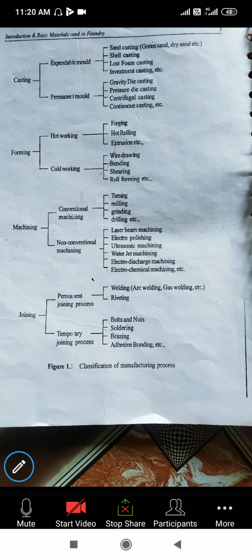Next, electro discharge machining is used. Here electrons, or small electrons, are discharged with the help of the cathodes and the anodes.